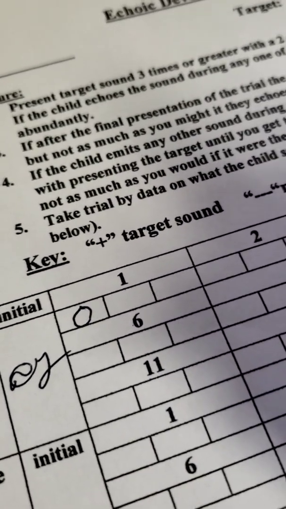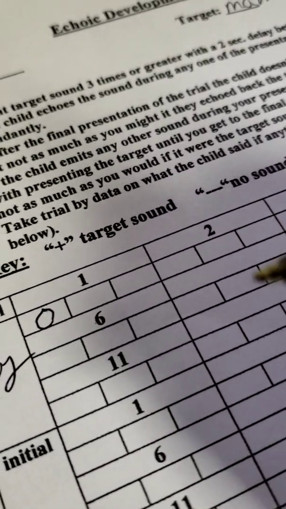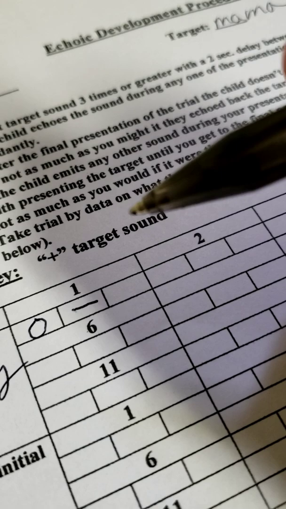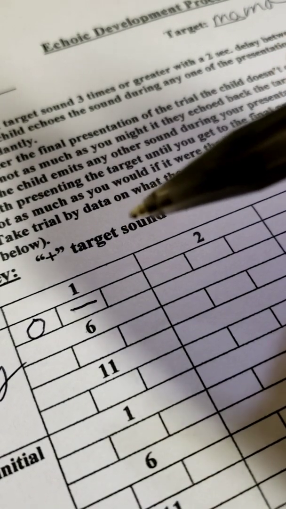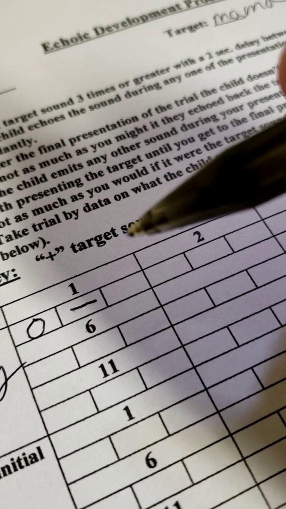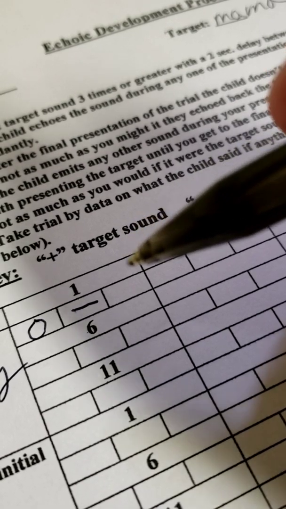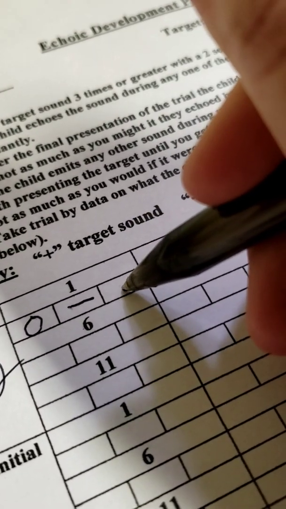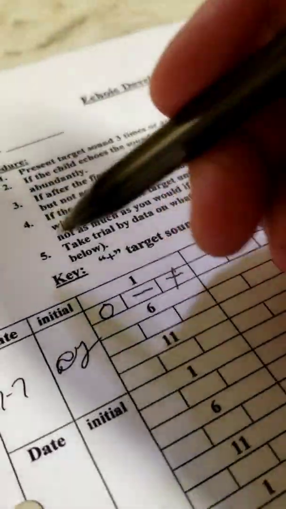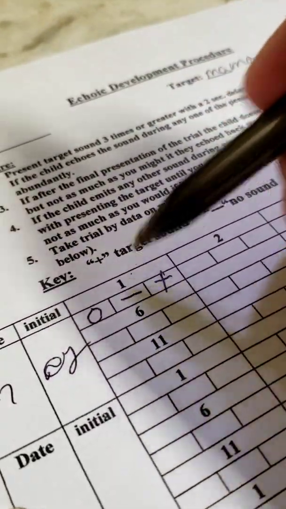Wait about 2 seconds, and I didn't hear any sound at all, so I'm just going to put a minus for no sound. And after about 2 seconds, present the sound again. Mama. Mama. And if she says the sound, we get a plus, and they get the toy immediately. This actually counts as 1 trial.